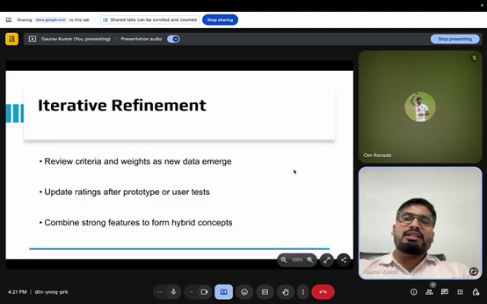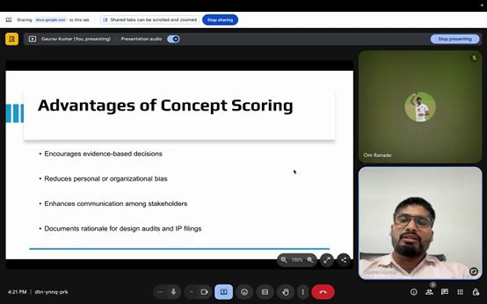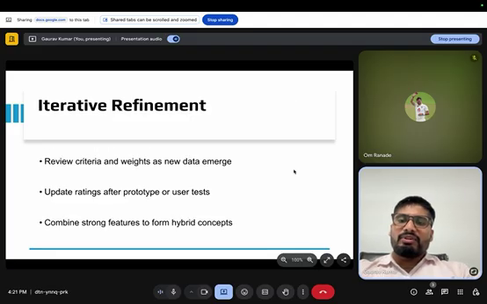Next one is iterative refinement. Okay, so design evolution is inherently iterative. So as prototypes are tested or new data emerges, teams revisit the scoring matrix, adjust the weights or rewrite the criteria.